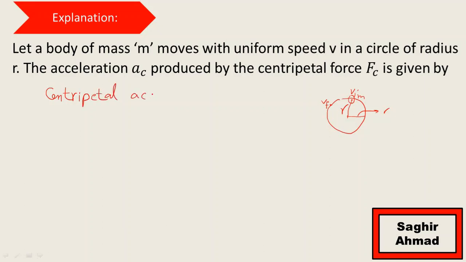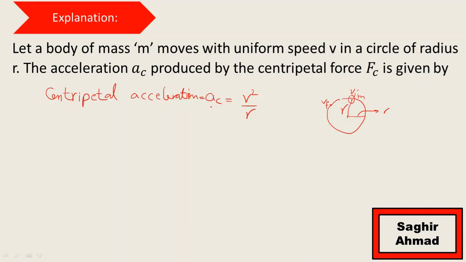Centripetal acceleration, that is denoted by ac, will be equal to v square over r. There are many formulas that you learn.